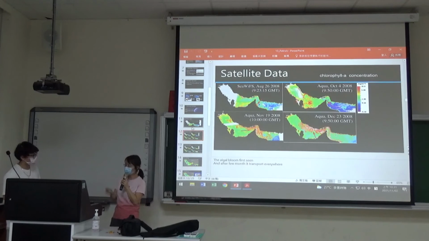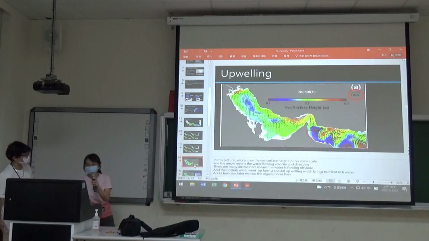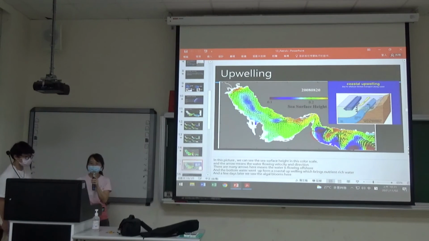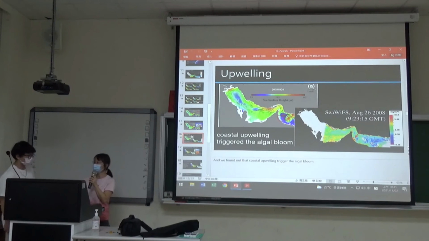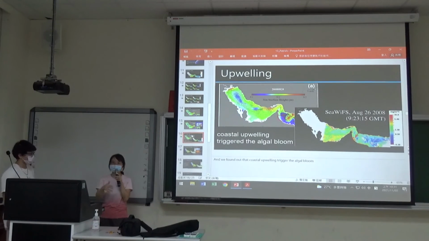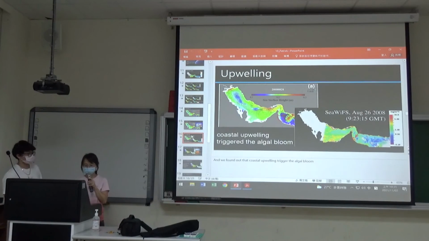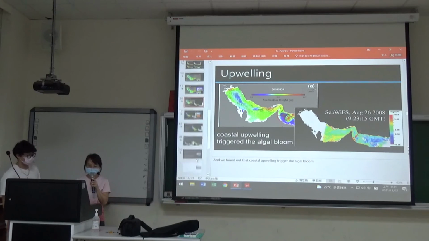And you can have a timeline for the chlorophyll A, a timeline for upwelling, and a timeline for aerosol. So we know the sequence of events, so it's easier for us to understand its cause and effects. That may probably also add another 30 seconds.